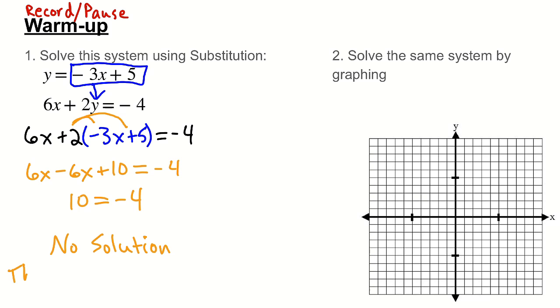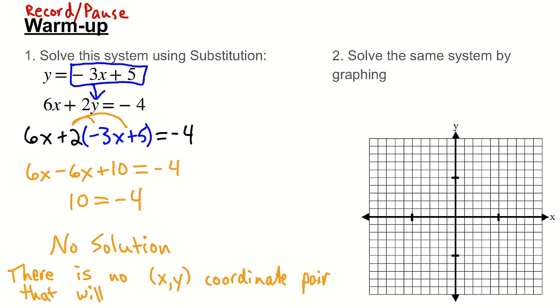It tells us that there is no xy coordinate pair that will make both equations true. That's what no solution means. There's no xy coordinate pair that will make both equations true.